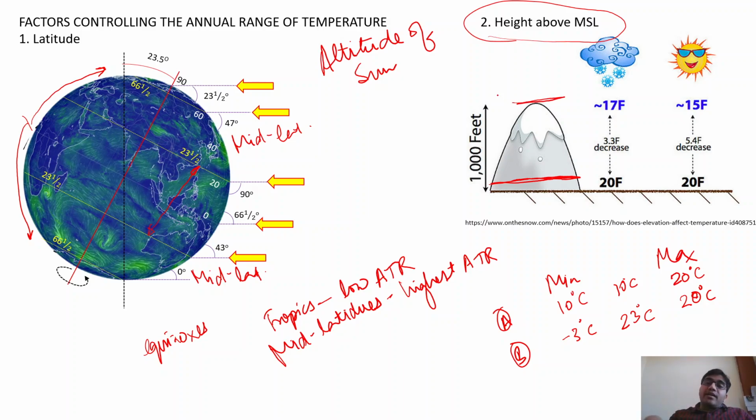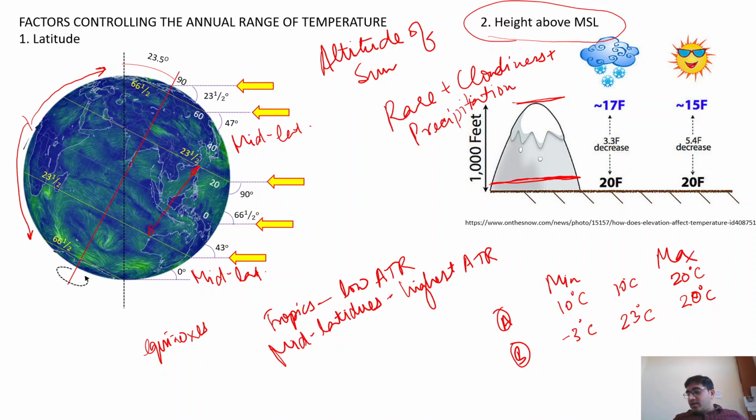So air at elevated surface is rare, plus the cloudiness, plus the amount of precipitation, they combine together to lower down the average temperature of those heights. But as I had already mentioned, this is not a very important factor.